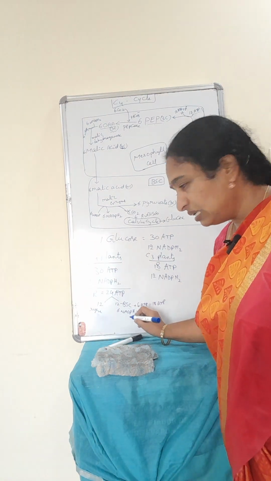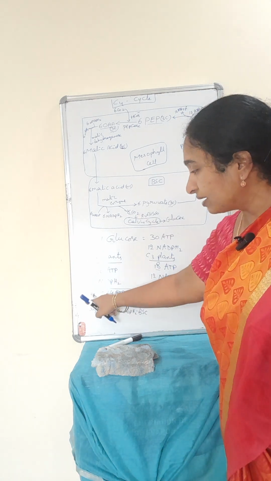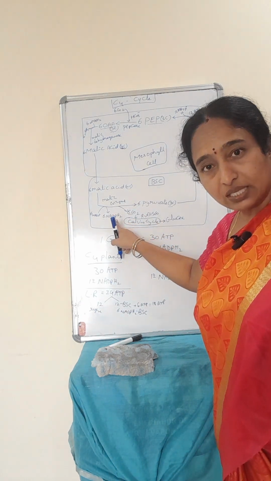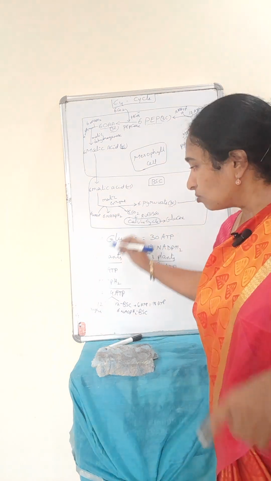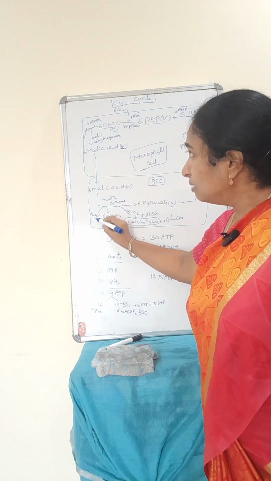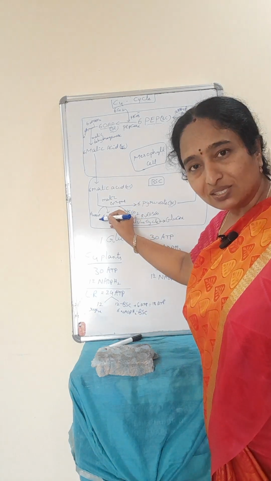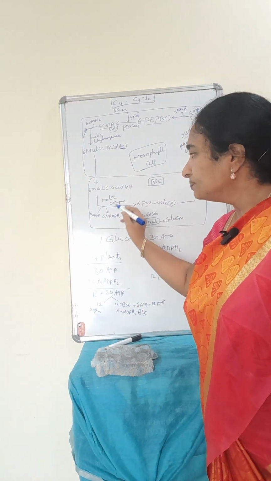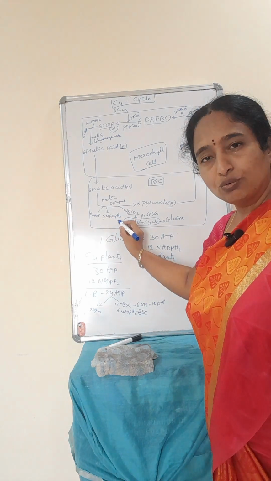Now come to the NADPH2. The 6 NADPH2 left from the light reaction have already entered the bundle sheath cells. We need 6 more. The NADP formed in the mesophyll cell enters the bundle sheath cell, and there it gets reduced to NADPH2.